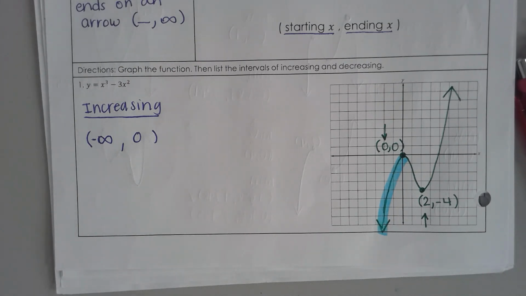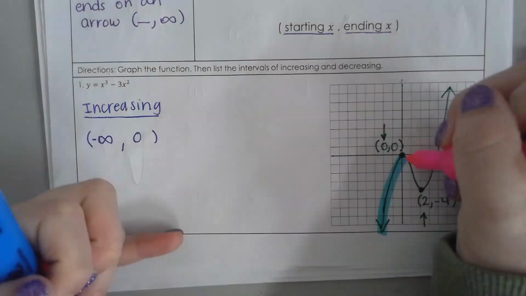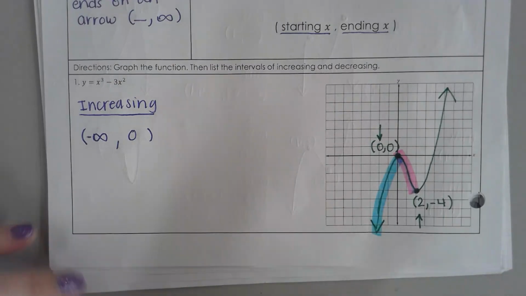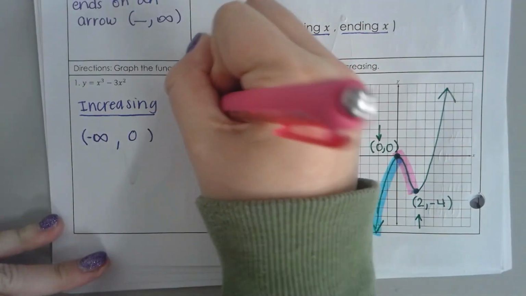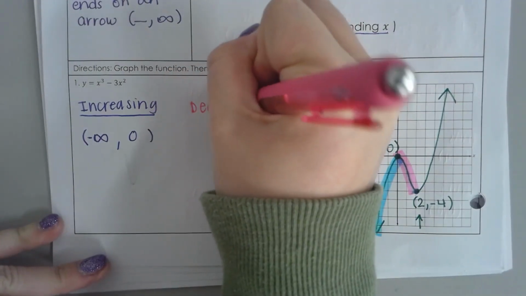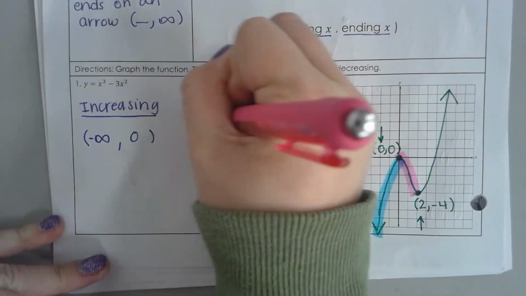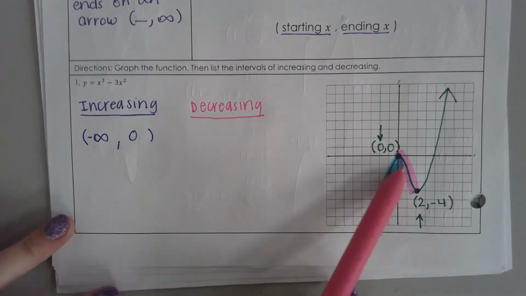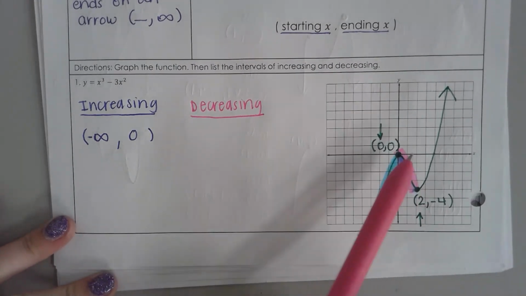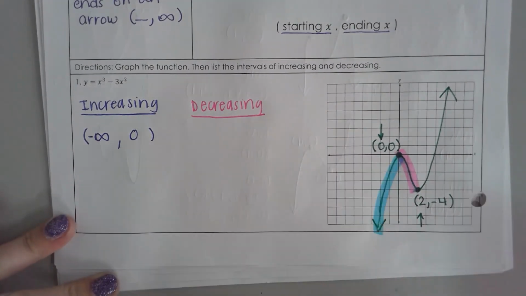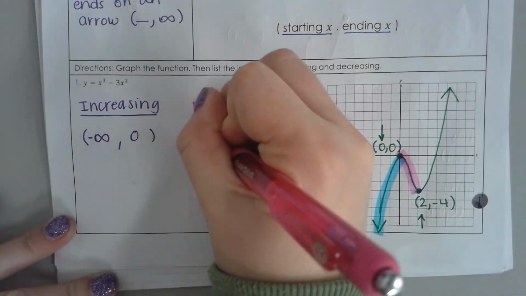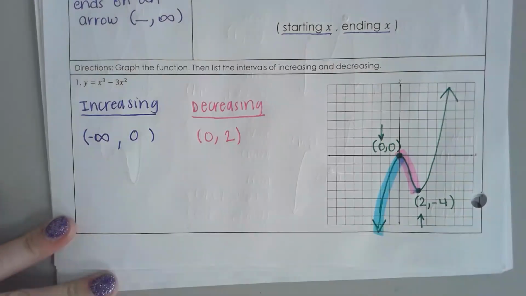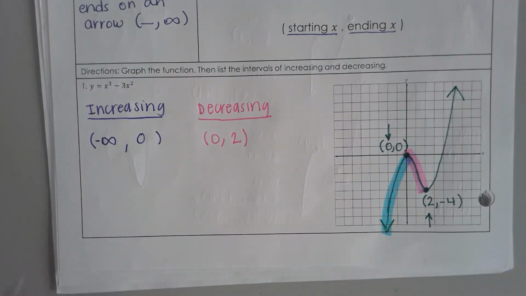And then what happens? It decreases. Good. So this section is decreasing. Where does it start decreasing? At what x? 0. And it stops at 2. And then what?